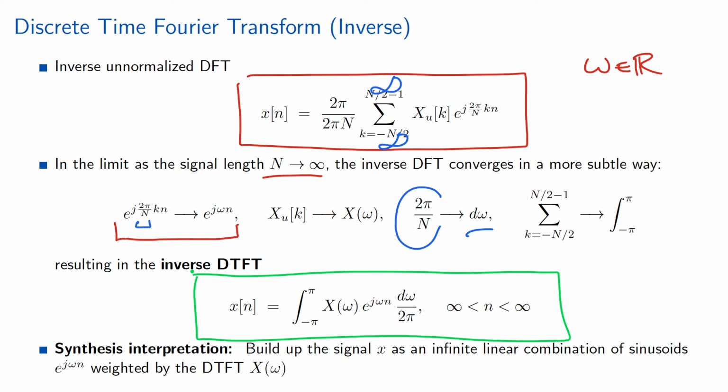Now there's calculus. Now we're building up our signal x[n]. We're still building it up out of a set of sine waves of different frequencies omega, and these sine waves are weighted by coefficients capital X of omega, but now there aren't just N of them, there are infinitely many of them.